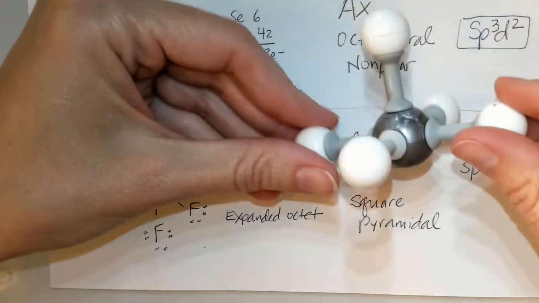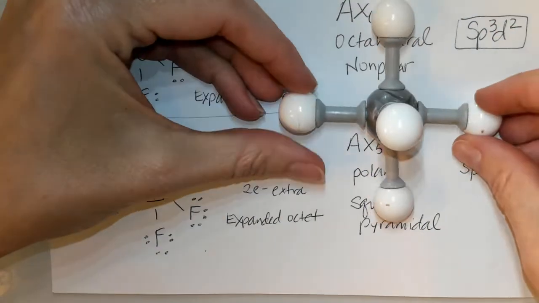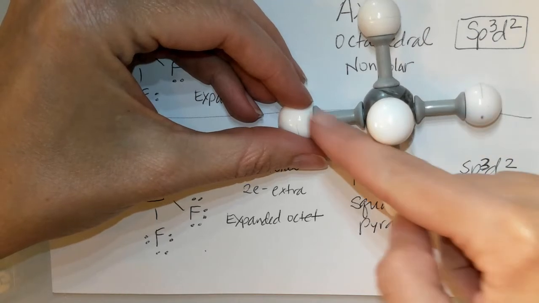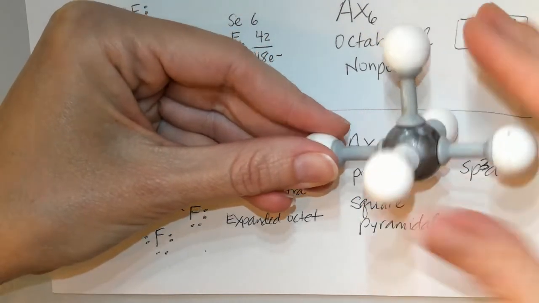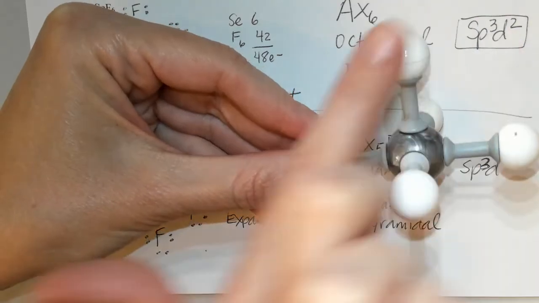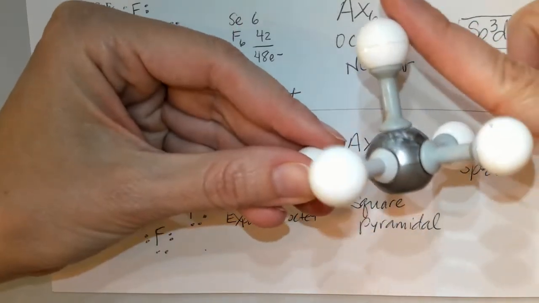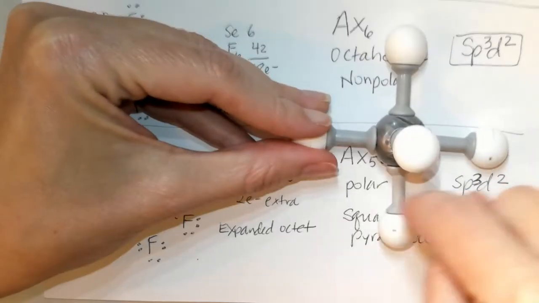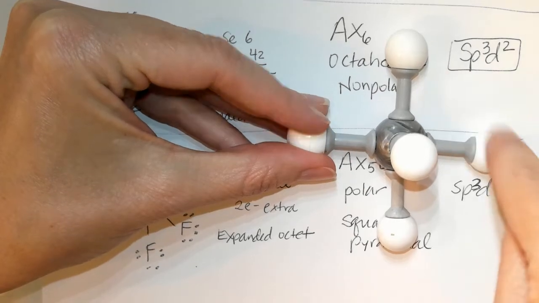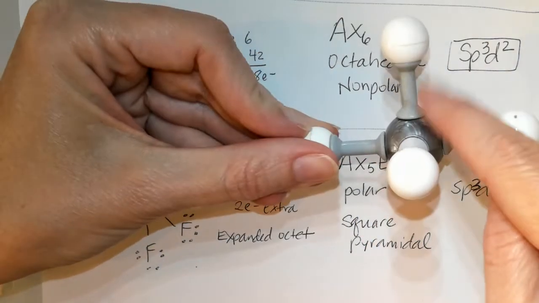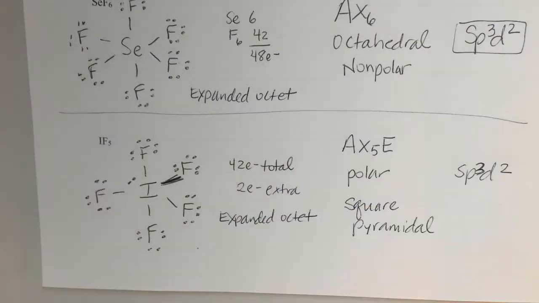When we look at the shape, it's called square pyramidal. The base of it is a square, and then you've got the top. This would create a pyramid shape if you connected all of those base points to the top, but instead of a trigonal pyramidal with a triangular base, it's a square base. So square pyramidal is the shape there.